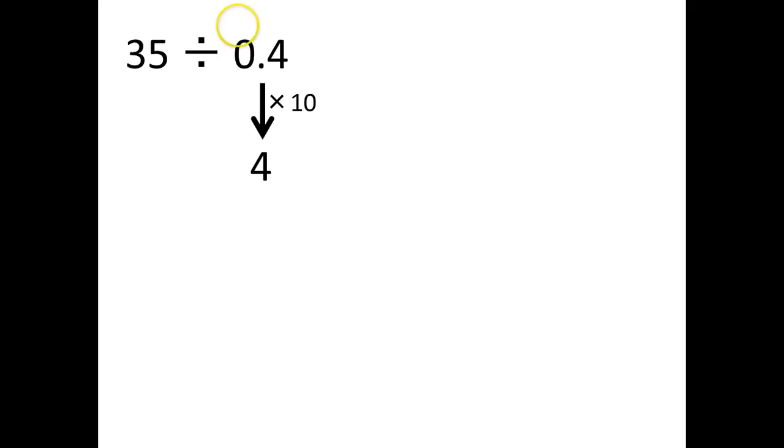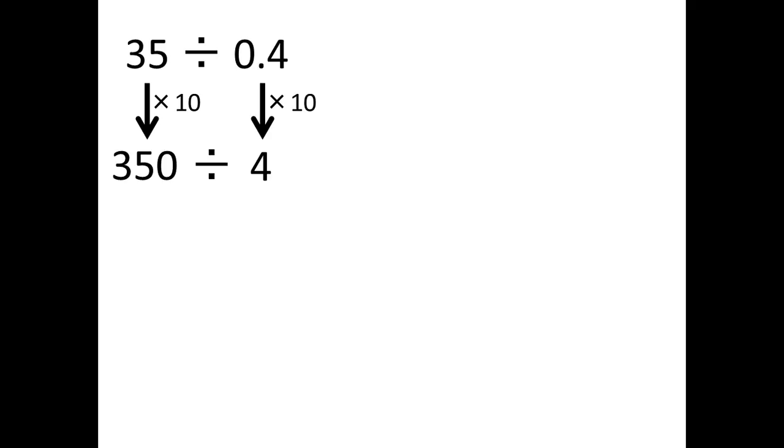But because we multiplied the divisor by 10, we also have to do the same to the dividend, so that the quotient of our new number sentence and the original number sentence is going to be the same. So I also have to multiply 35 by 10, which would be 350. So we can do 350 divided by 4 to find the quotient to 35 divided by 0.4.